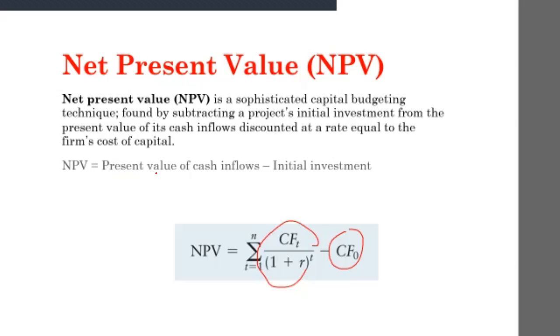Now, NPV is the present value of cash inflows minus the initial investment. That's how we calculate it. Now, we did cost of capital in the last session.